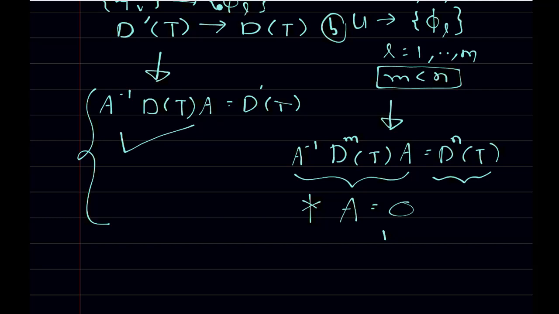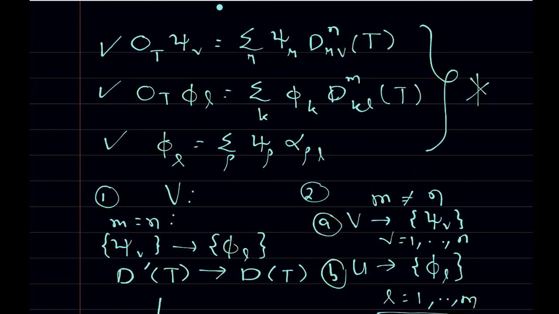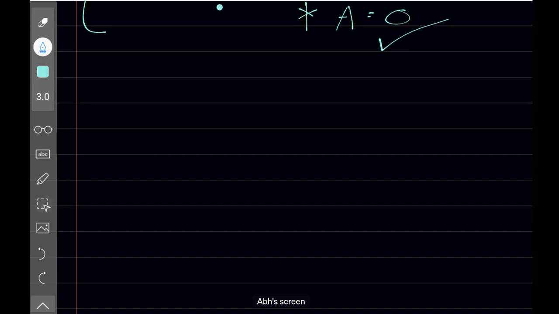How do we start? Consider that the operator is acting on phi of L. But phi of L can be written as a linear combination of another basis set. The operator stays here, and remember phi of L can be written as the sum over rho of psi rho alpha rho. The derivation is very simple.